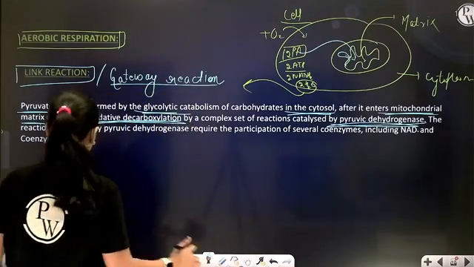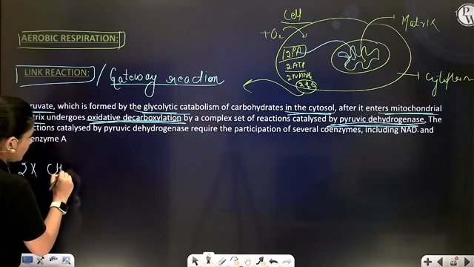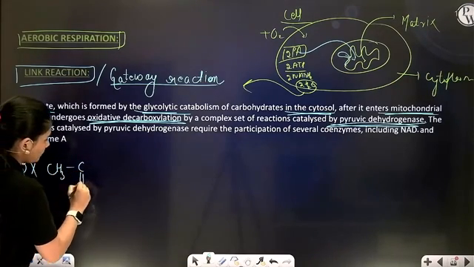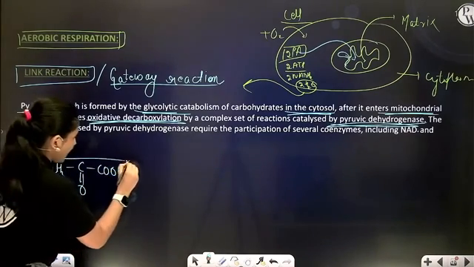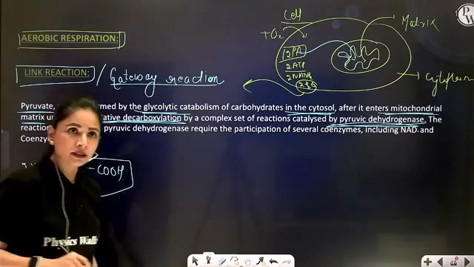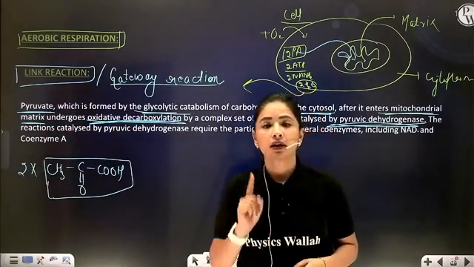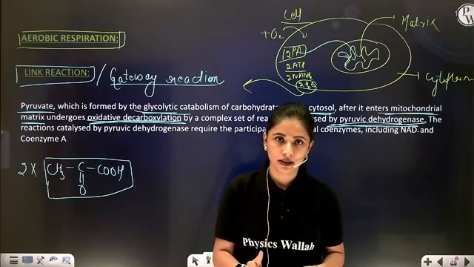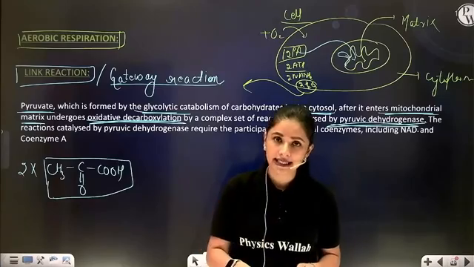Now you are having 2 molecules of pyruvic acid in your hand in the matrix of mitochondria. What will happen? 3 things are going to happen with this pyruvic acid. Number 1, decarboxylation, removal of CO2. Number 2, oxidation.